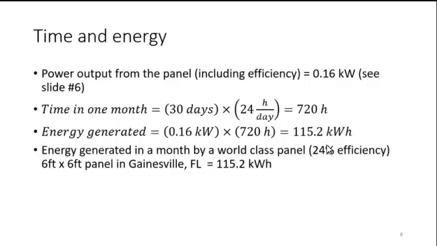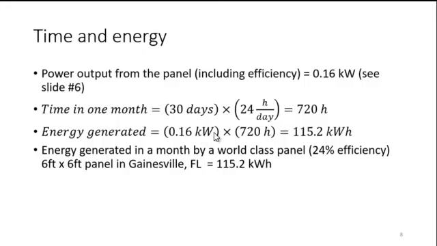So here are some numbers we need to put together. We already said it's producing 0.16 kilowatts with the efficiency involved. So we need to figure out how much time is in a month. 30 days, 24 hours per day. It works out to 720 hours in a month. So altogether, in a month, this panel will generate an amount of energy that would be 0.16 kilowatt.